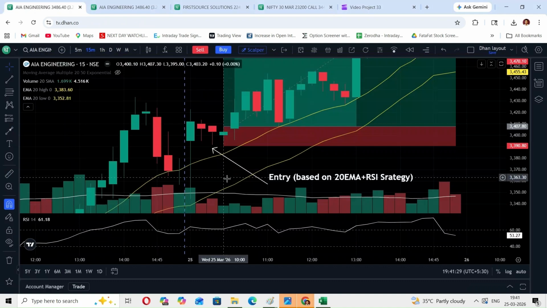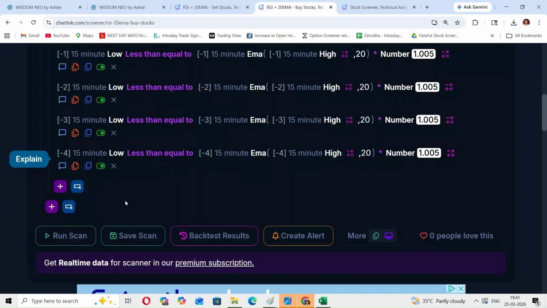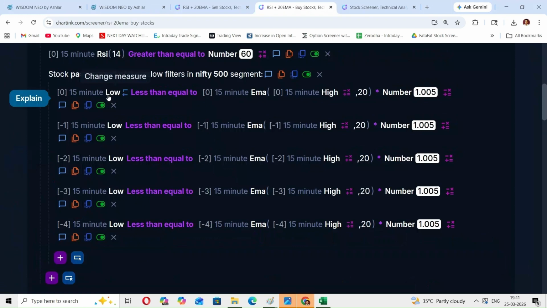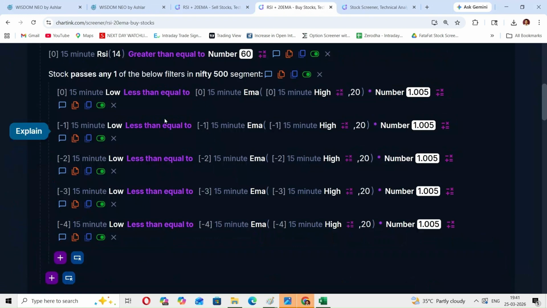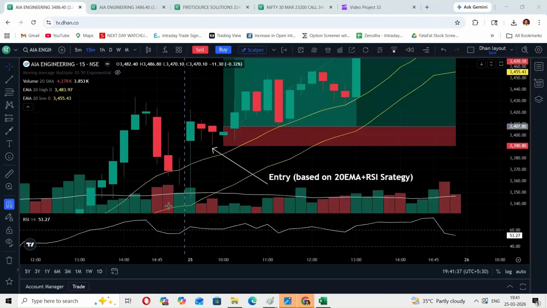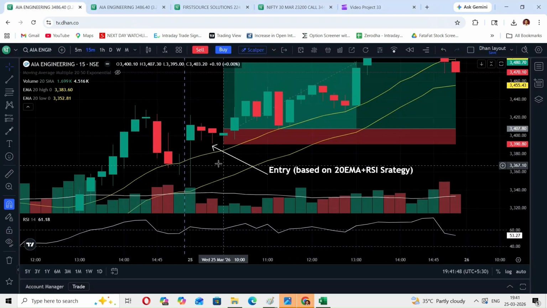That was the condition, and it has been applied to the last 5 candles, so that we should not miss any candle which came near the 20 EMA channel while its RSI value was above 60, right? That way we will exactly pick the retraced stock, act on it at the right time, and get a high risk reward ratio.